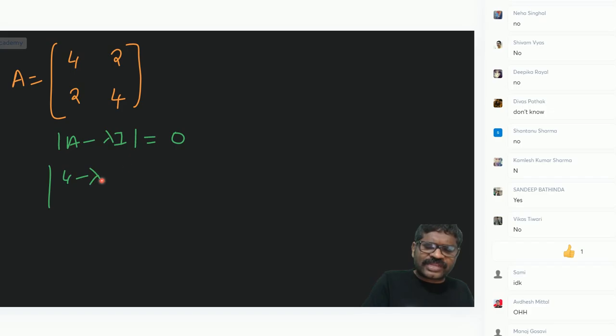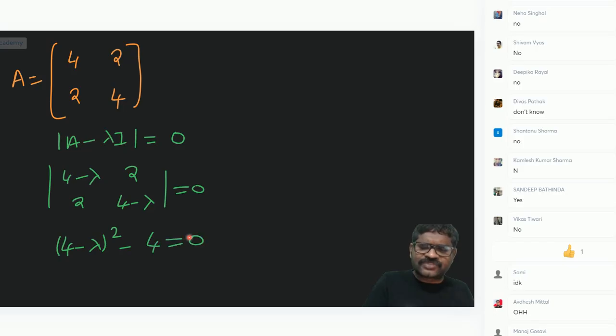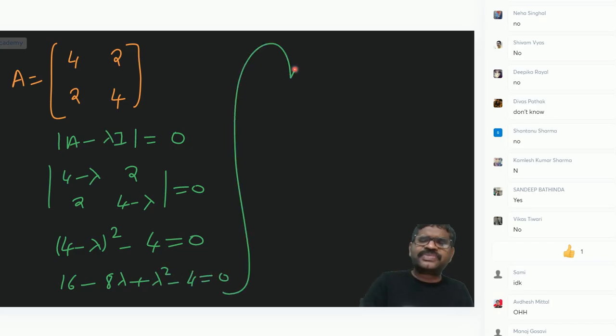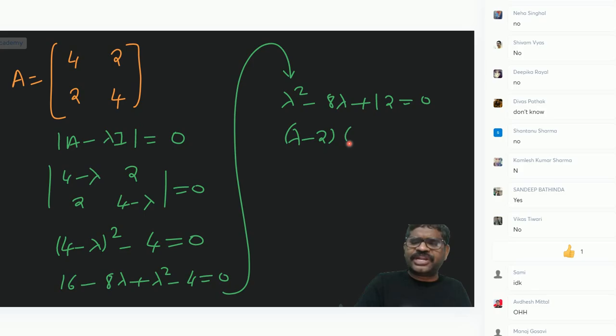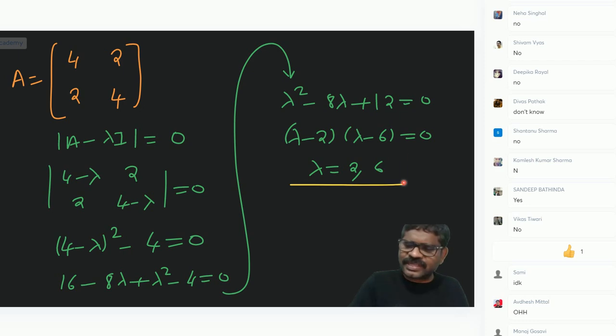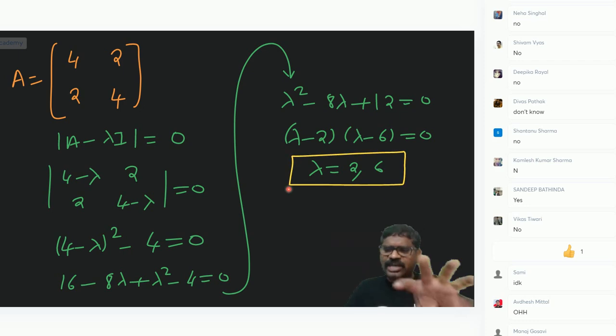Determinant of 4 minus lambda, 2, 2, 4 minus lambda equal to 0. 4 minus lambda whole square minus 4 equal to 0. 16 minus 8 lambda plus lambda square minus 4 equal to 0. Lambda square minus 8 lambda plus 12 equal to 0. Lambda minus 2 into lambda minus 6 equal to 0. Lambda equal to 2, 6. This is the original procedure to calculate eigenvalues. We got eigenvalues 2 and 6.